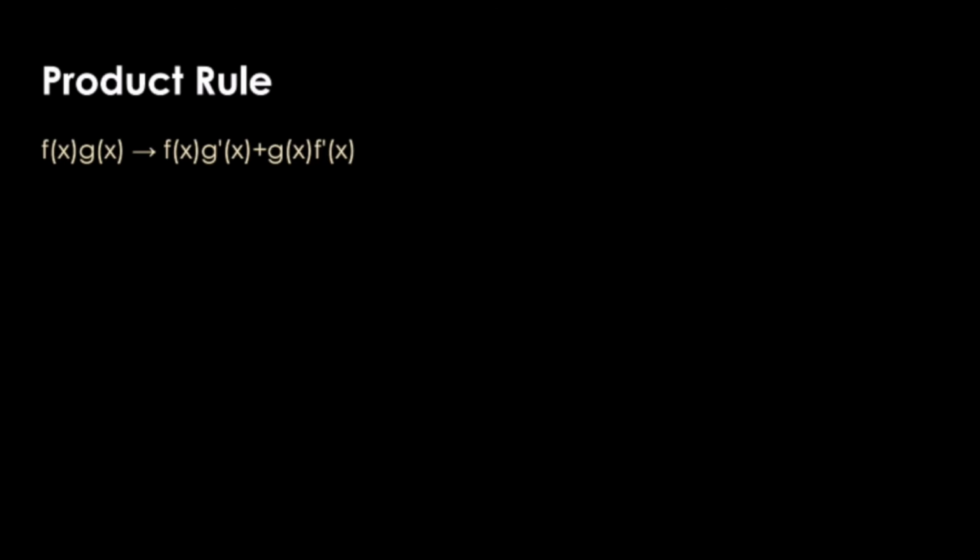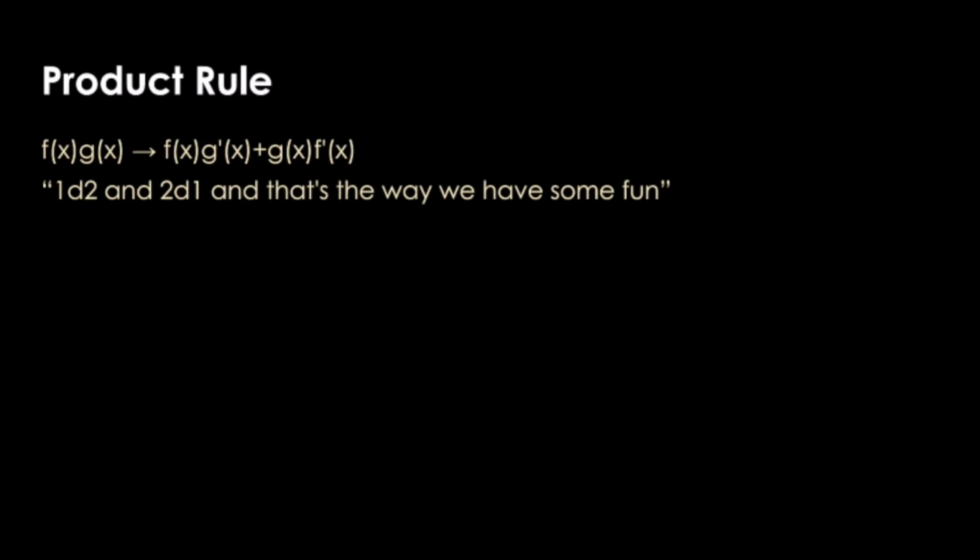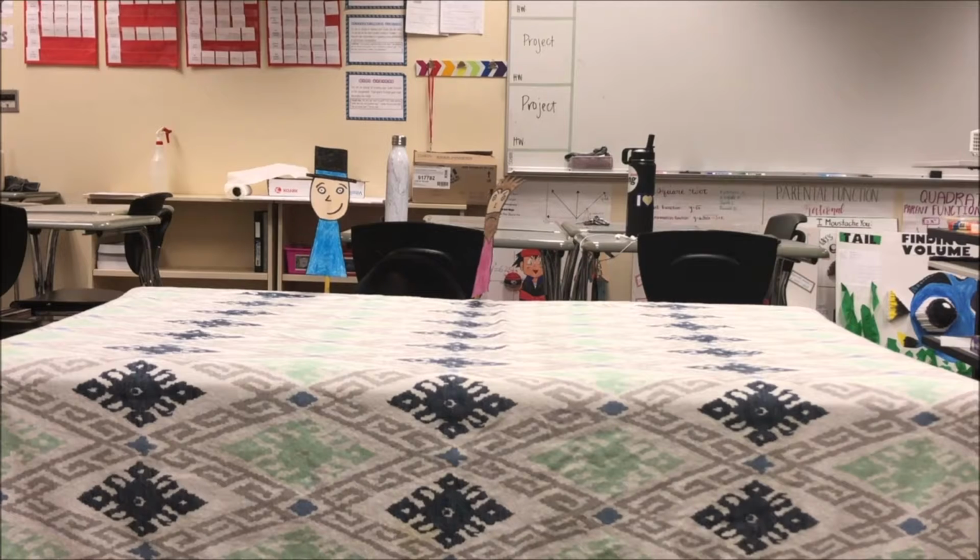Then add this to the second function multiplied by the derivative of the first function. One way to remember this is 1d2 and 2d1, and that's the way we have some fun, where 1 is the first function, 2 is the second function, and d means derivative of. Oh, cool. See ya. 1d2 and 2d1, and that's the way we have some fun.